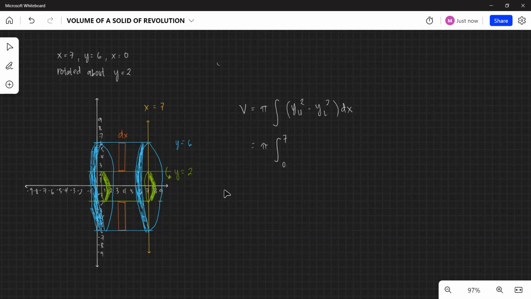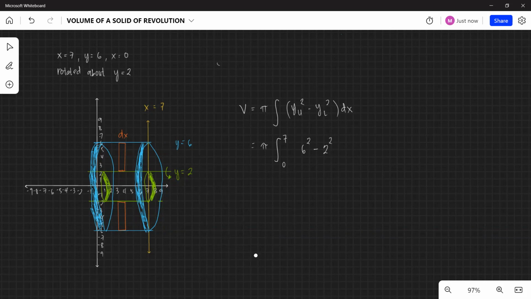The upper curve, the blue line, is y equals 6, so 6 squared, minus y of the lower curve. The green line, the axis of rotation, is the lower curve, so y of the lower curve is 2.